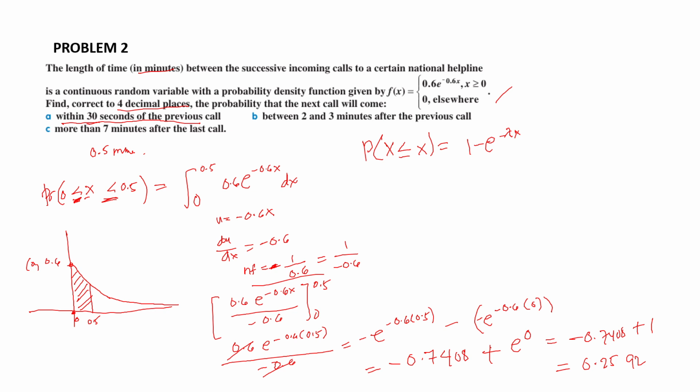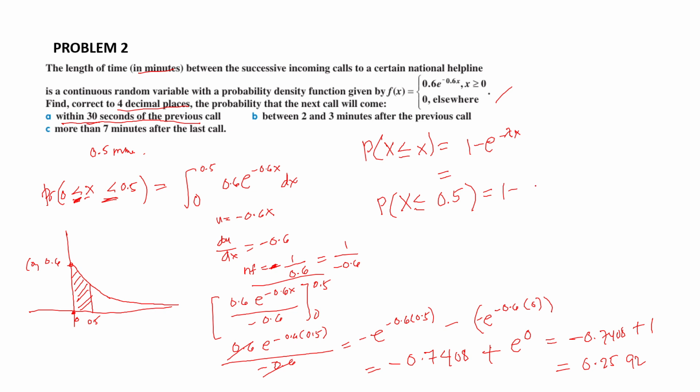Okay, so that's lambda x. So in this example, we could have the probability of X less than 0.5.